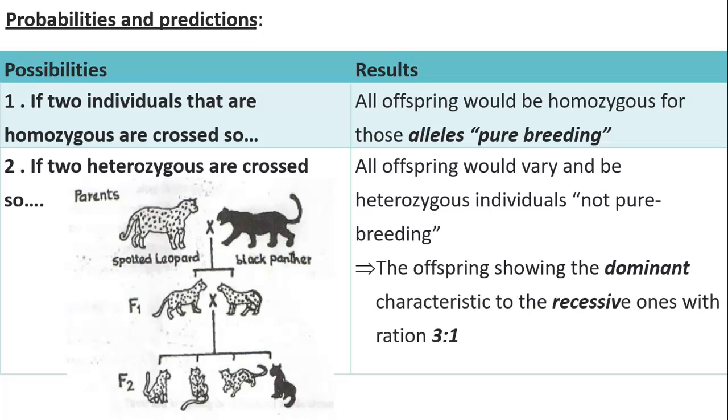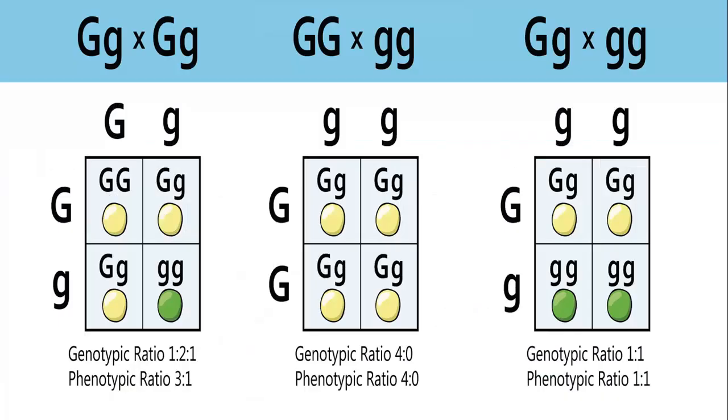And this is what we call not a pure breeding. And usually, if two heterozygous individuals were crossed, they will produce the phenotypic ratio as 3:1. 3 of their offspring will carry the dominant allele phenotype, while 1 of the offspring will carry the recessive one.